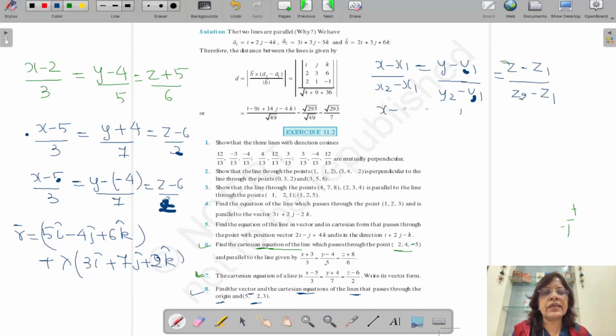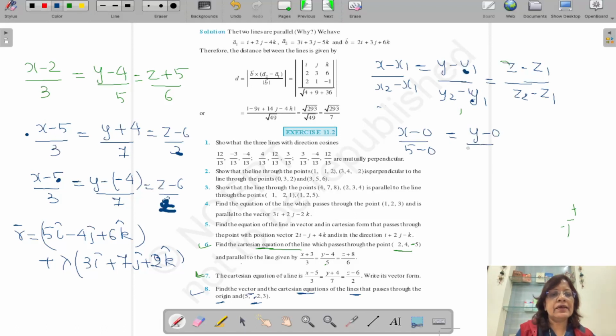So what can we write? We can write x minus 0 upon 5 minus 0, y minus 0 upon minus 2 minus 0 (this is minus 2, there is a misprint here), z minus 0 upon 3 minus 0.